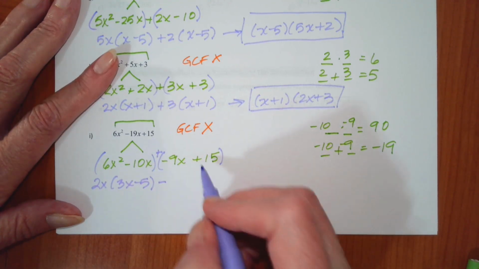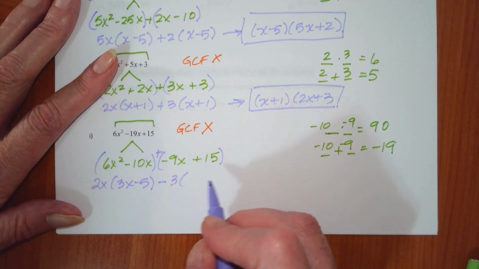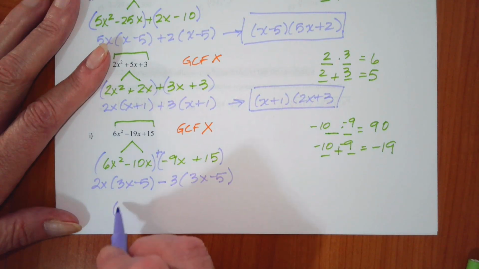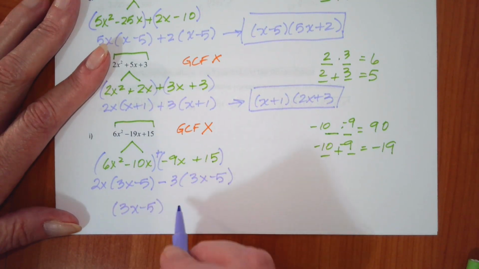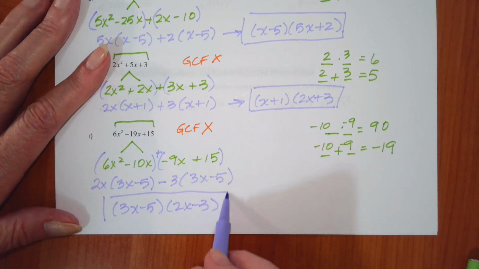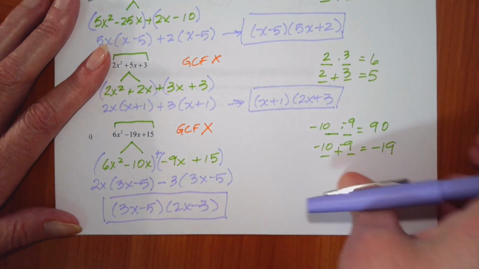I want to remember to factor out a negative, and it's a negative 3. And I'm left with 3x minus 5. So my final answer is 3x minus 5 times 2x minus 3. Neither of those can be factored, so I know I'm done at that point.